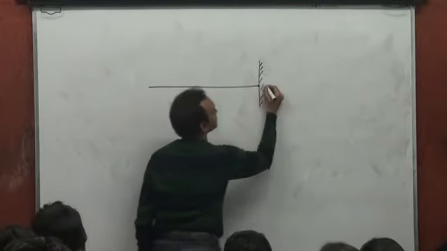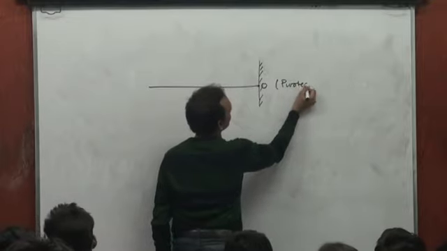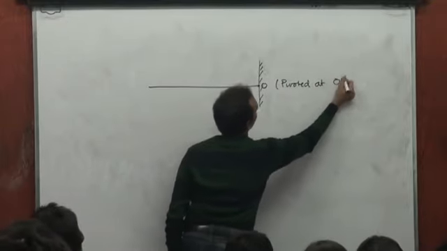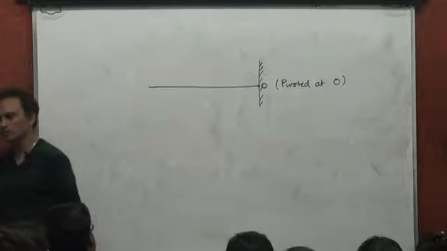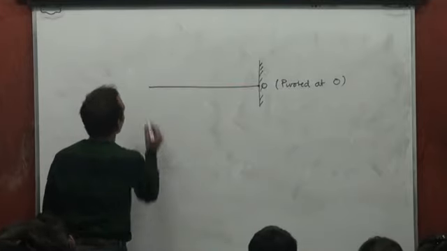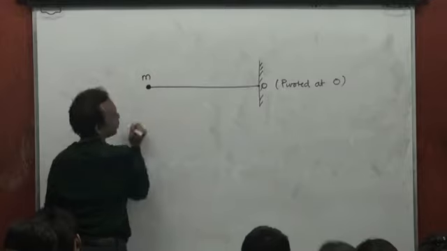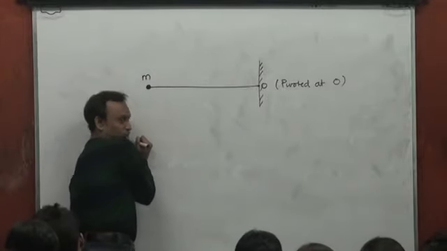See, this is a light rod pivoted here at O. Light rod pivoted at O. And there is a mass m at one end of the rod.